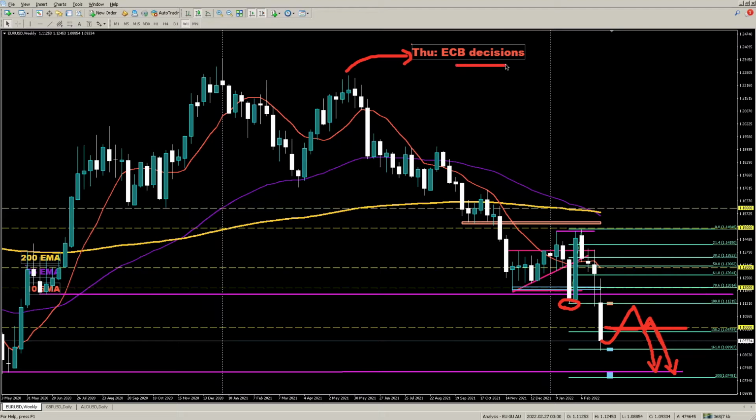So we'll see what their decisions are, and we'll see if there's any boost for the euro dollar. Otherwise, the conflict will just drag it down lower.